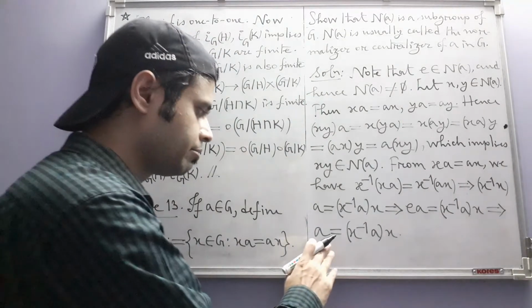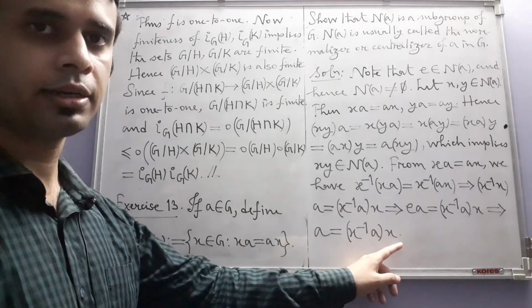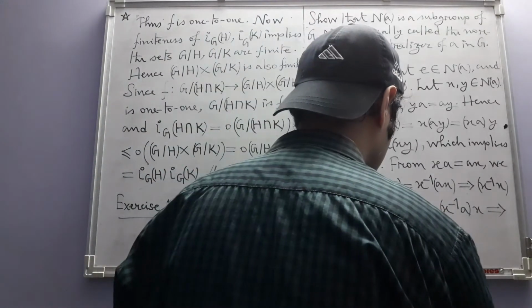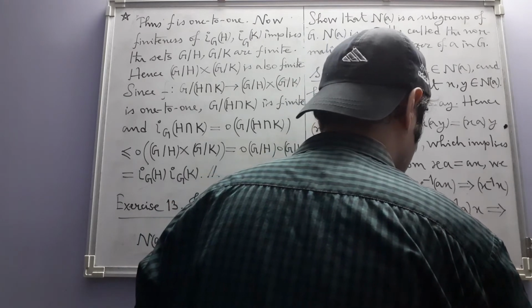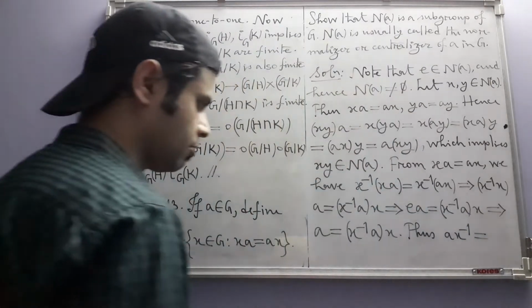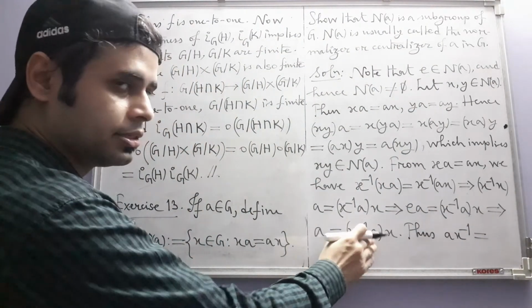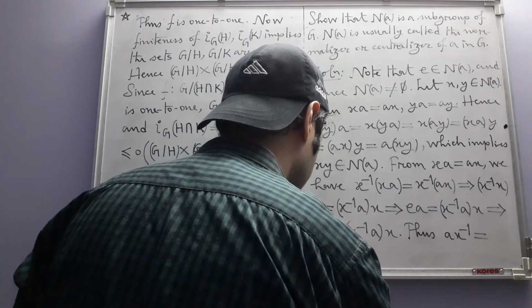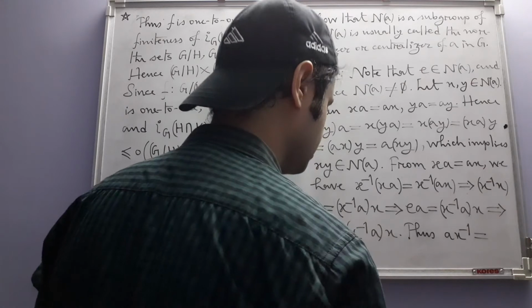And now what we do, we multiply on both sides from the right-hand side by X inverse. Thus, AX inverse is equal to, or you can replace this A with this expression, AX inverse.